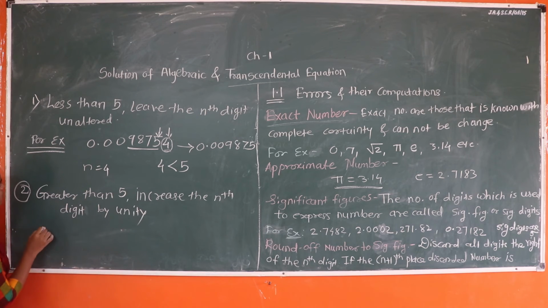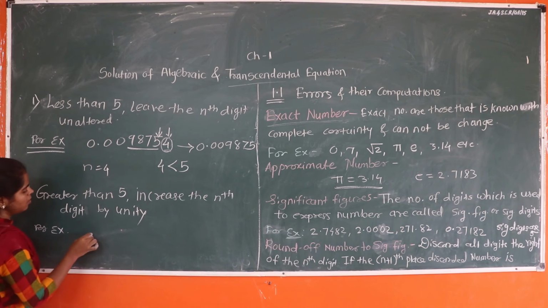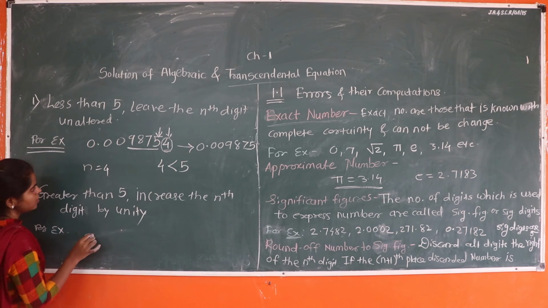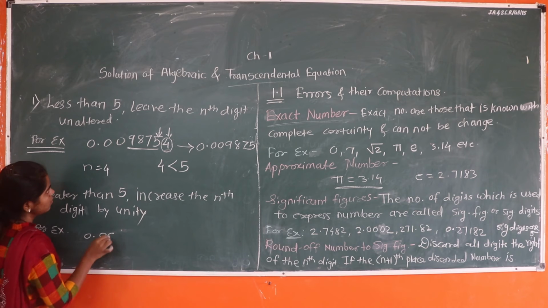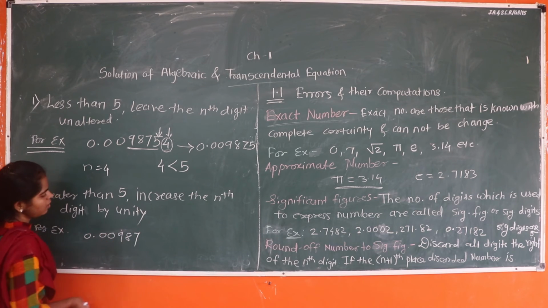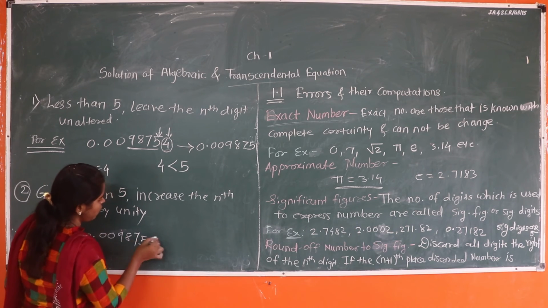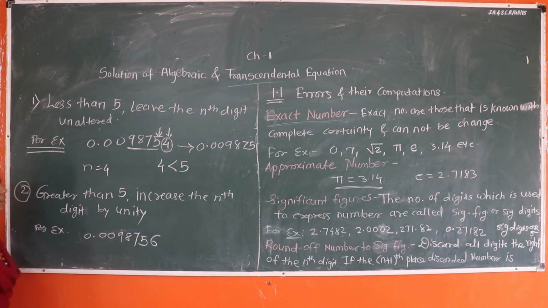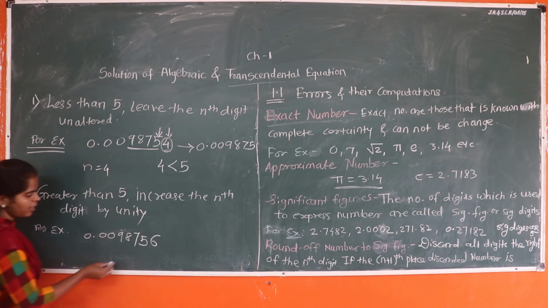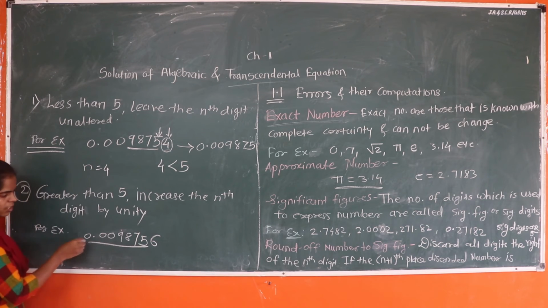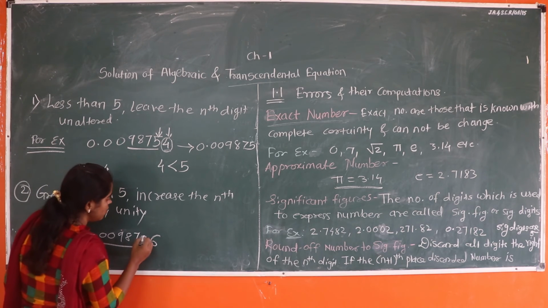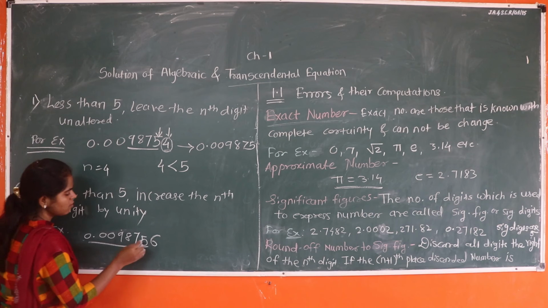For example, 0.0098756, rounded to 4 significant figures. So the value of n is 4.